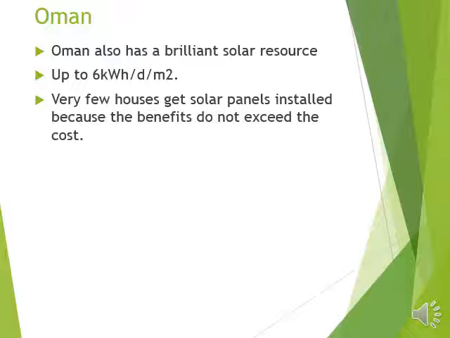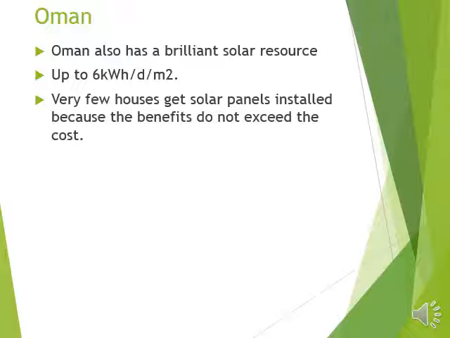So 6 kilowatt hours is quite a lot of energy, just so you know. So there's a real good advantage for Oman in building solar panels to actually get electricity from the sun. And then basically they could use that electricity to power houses and even industrial areas.